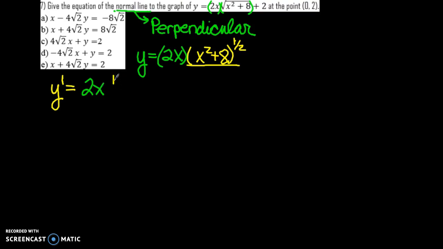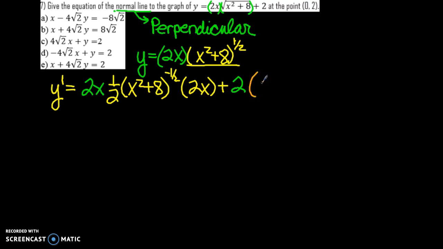So the derivative of the yellow would be 1/2 times (x squared plus 8), so it's 1/2 times whatever's inside, to the n minus 1, times the derivative of the inside, which is 2x being the derivative of the inside there. Plus the derivative of the first, which is 2 times the second. And just rewrite the second as it is.